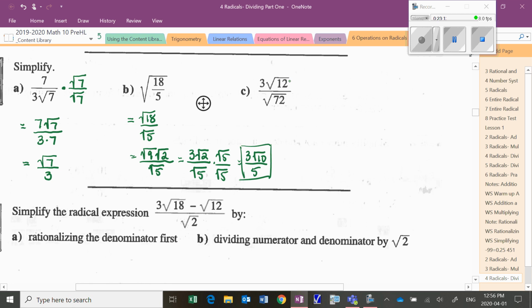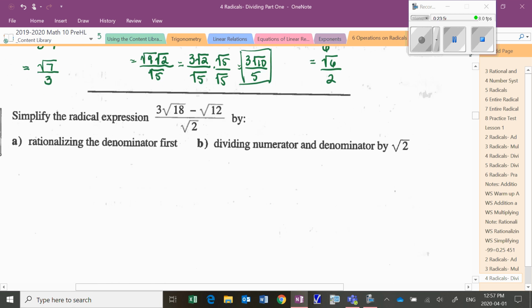There are options to simplify, certainly you could change both of these radicals into mixed radicals, but I actually like to take a look at root 12 and root 72 and say, you know what, that reduces, because 12 goes into 72 6 times, so that's the same as 3 root 1 over root 6. So much easier. And now multiply top and bottom by root 6, so then we have 3 root 6 over 6, and 3 over 6 is the same as 1/2, and so then we've got root 6 over 2.